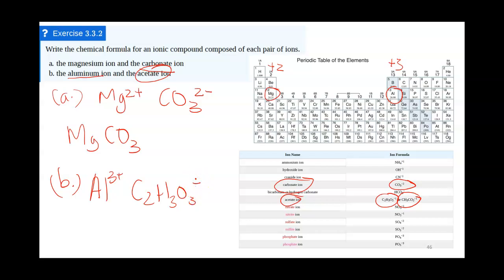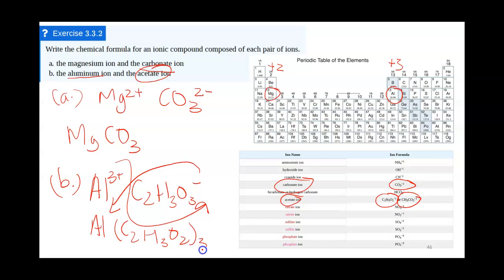And we can see that these don't have the same size charge. The aluminum ion has a 3+ charge, whereas the acetate ion has a 1-, so we're going to use crossover. So we need 1 aluminum, but we're going to need 3 acetates. So we put the formula for the acetate anion in parentheses, and then as a subscript, we write 3 outside.